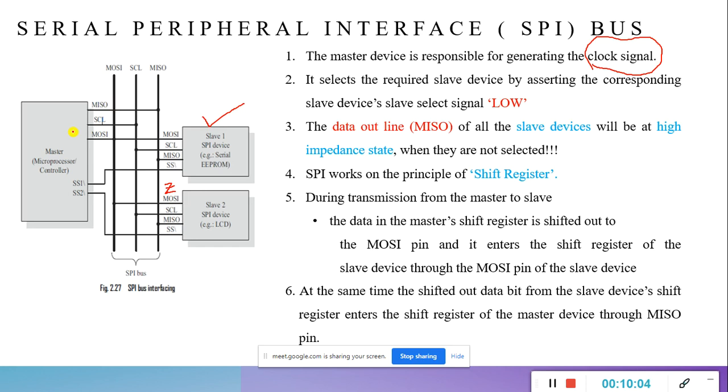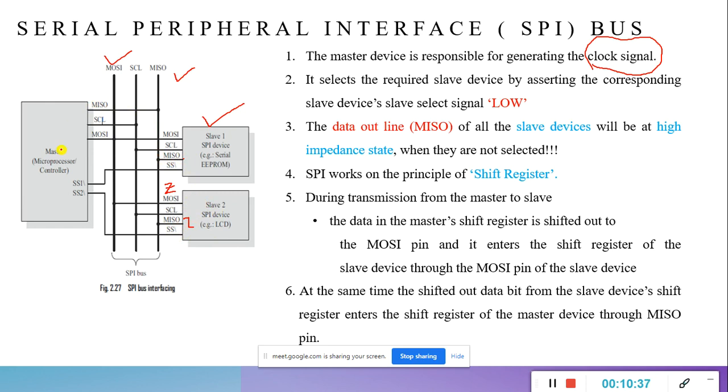If it wants to send data from the master to the slave, then the MOSI line is used, and the data is transferred to the slave. Or else if it wants to read from the slave, then the MISO signal will be used, during which the MISO of slave 2 will go to high impedance state, and this data is read by the master.